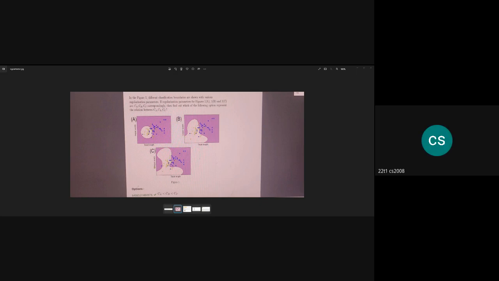The question asks which of the following options represents the relation between the regularization parameters CA, CB, CC. I think this question should have something like which algorithm you should use, otherwise it is left to the interpretation of the person.